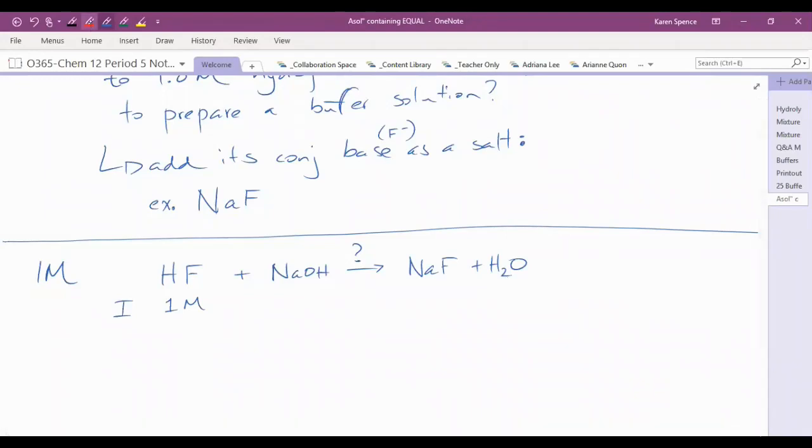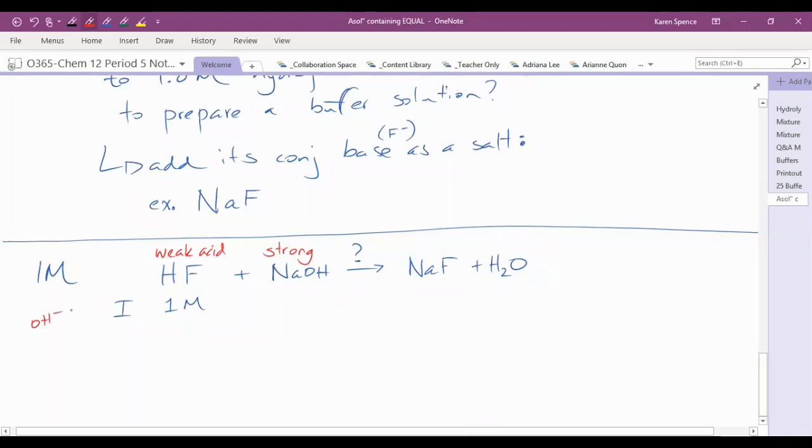Let's consider the two things that we have here. We have HF, and HF is a weak acid. What kind of a base is NaOH? Strong or weak? Yeah, it is strong. So what's going to happen is NaOH is going to dissociate completely, and it's going to produce OH minus ions.